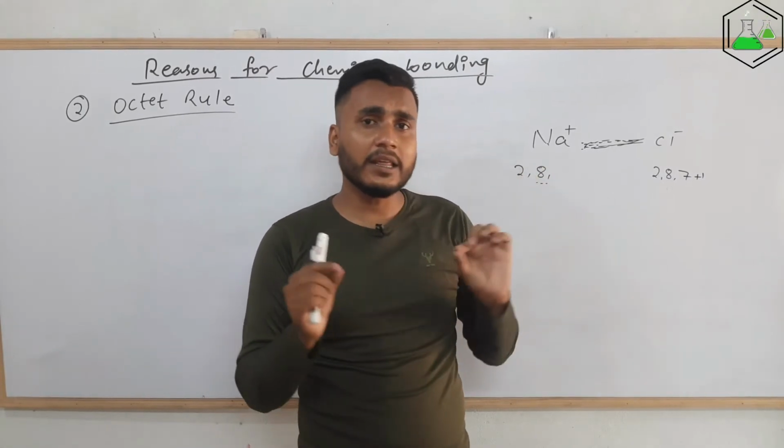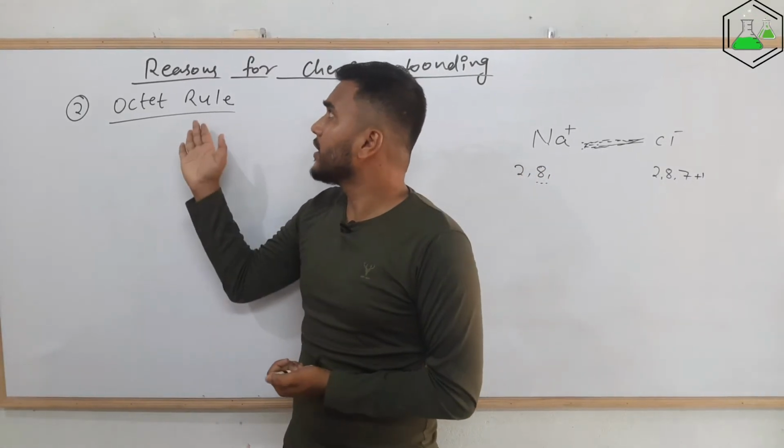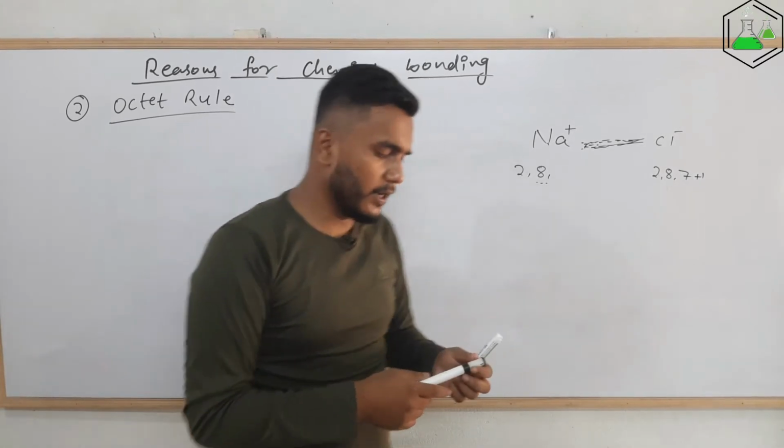So the octet state is a major reason for the formation of a chemical bond. Let me write it over here.